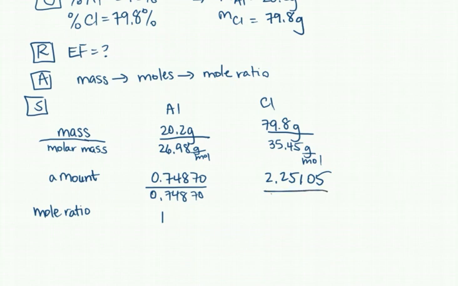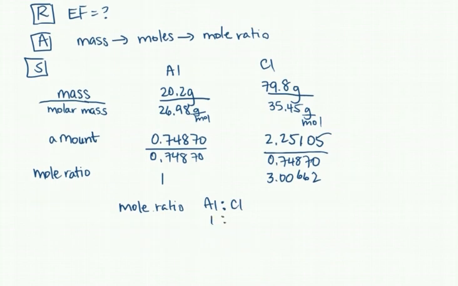So we're going to divide the amount here, and we end up with a decimal like that, but it's pretty much 3. So the mole ratio here, for aluminum to chlorine, ends up being 1 to 3.